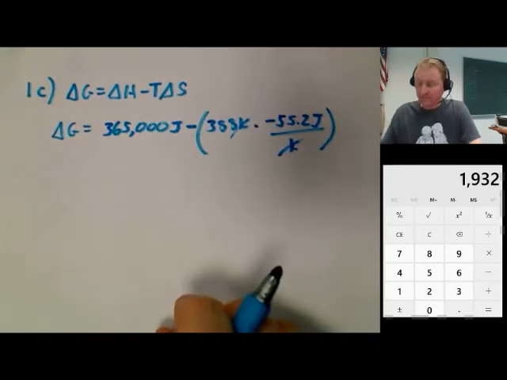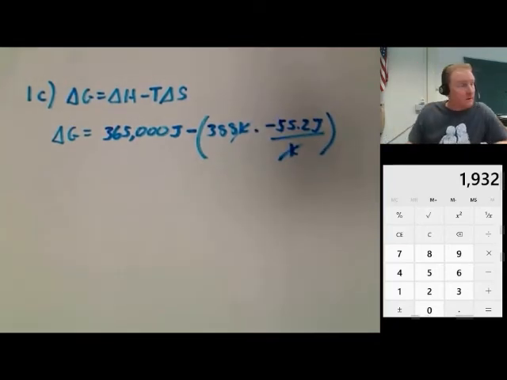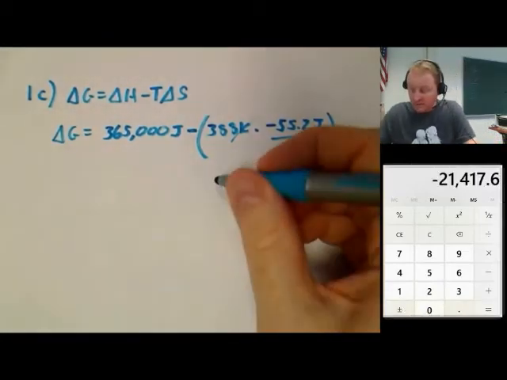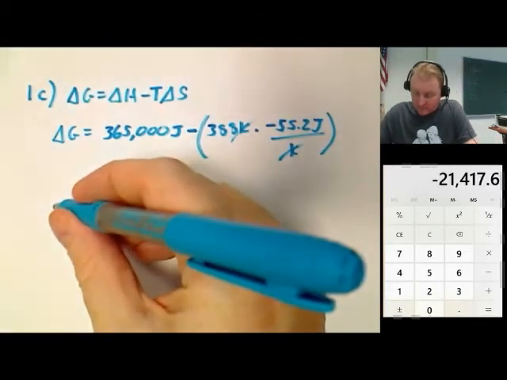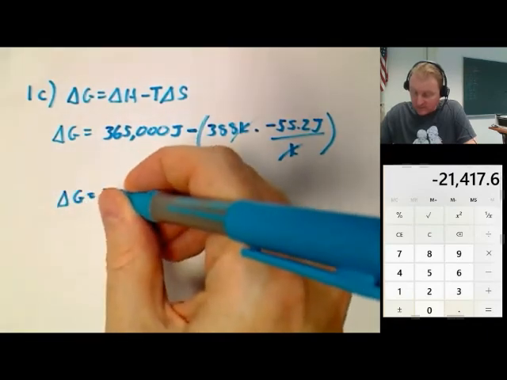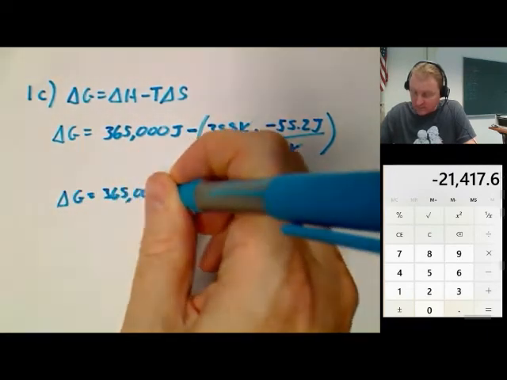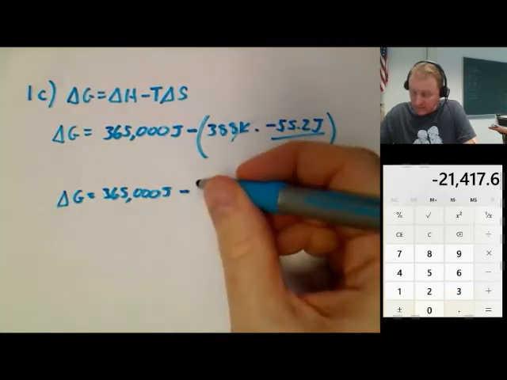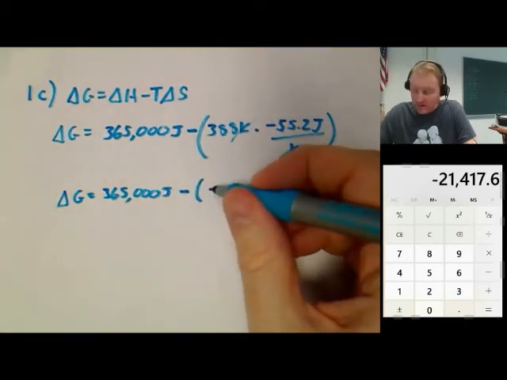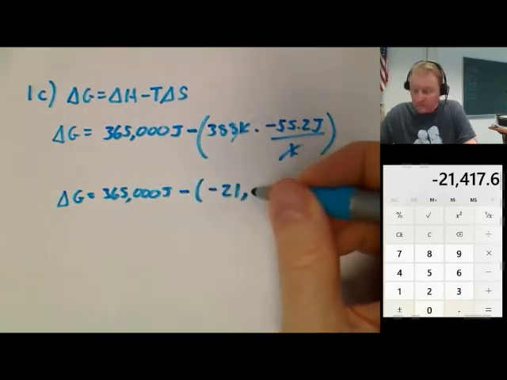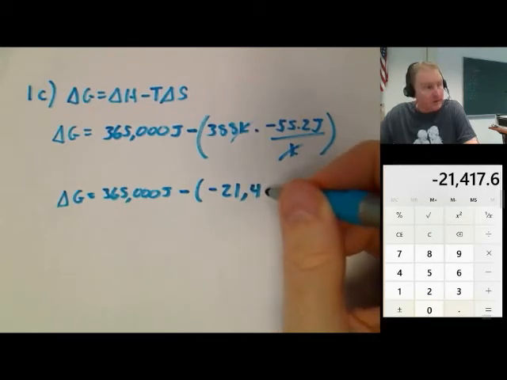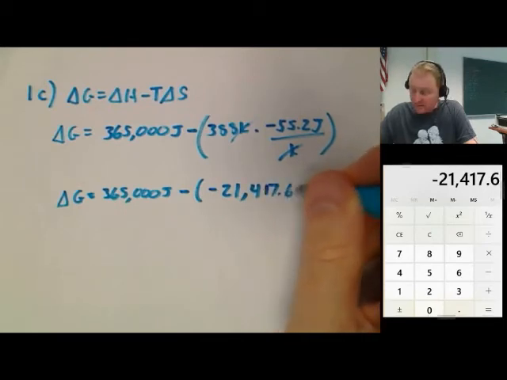Kelvins cancel. Let's try that. 388 times 55.2, which is negative, and I've got an answer of, delta G now is 365,000 joules minus negative 21,417.6 joules.